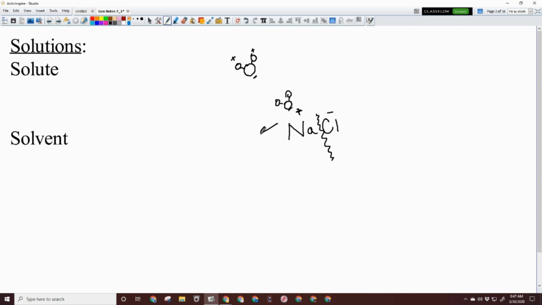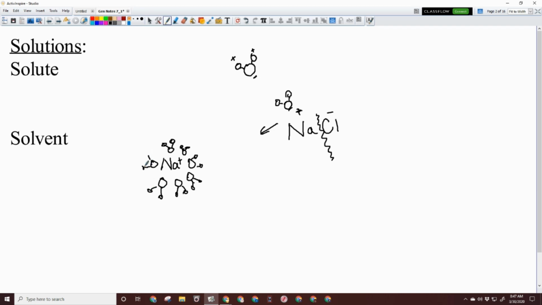This water will actually make this sodium break apart. And then when this sodium breaks apart to be a sodium ion and it's positively charged, then a whole bunch of water molecules will surround it and it will orient or point its negative end toward the sodium and surround it like this. Okay?